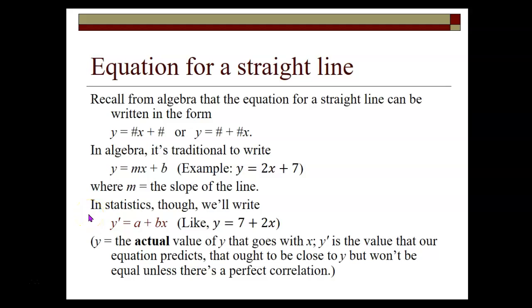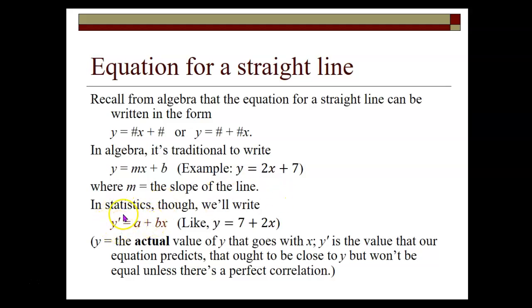But in this class, we're going to be writing things a little bit differently. We're going to be writing our equations for a line as y prime equals a plus bx. So we're going to put the constant term first and the x term second, just because that's the way our book does it.